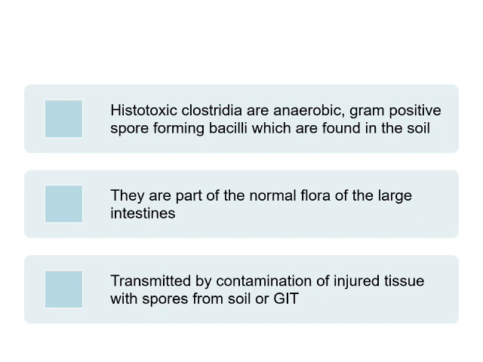They are also part of the normal flora of the large intestines. They are transmitted by contamination of the injured tissue. So when one is injured, the spores from the soil or the gastrointestinal tract can contaminate the wound.